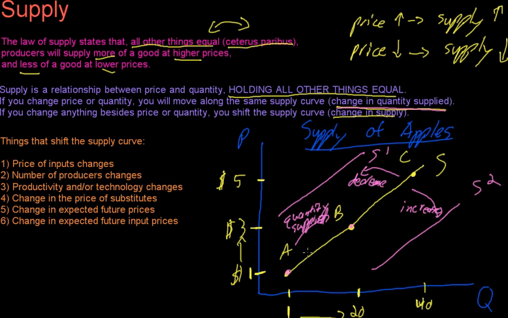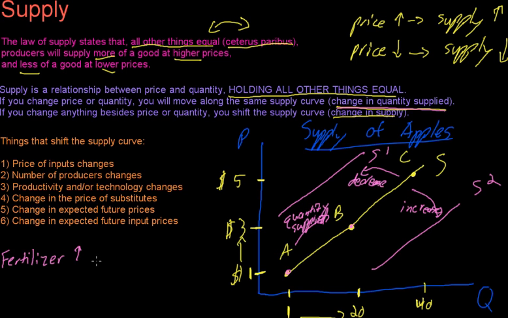Okay, so what causes the supply curve to shift? If the price of inputs to making apples changes. So let's say fertilizer becomes more expensive. If the price of fertilizer goes up, then it's going to be more expensive to produce apples.